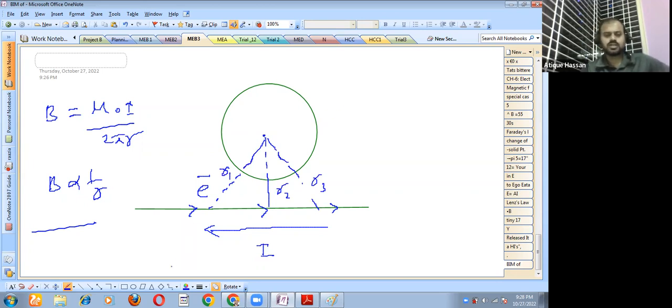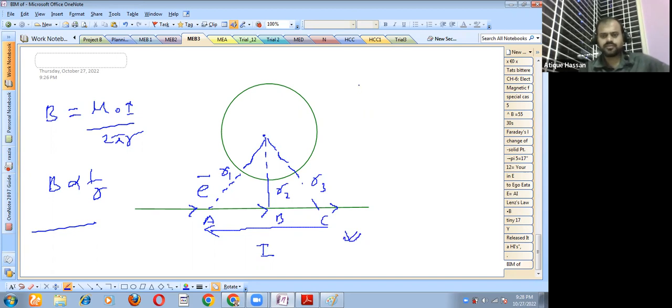So suppose we take 3 points A, B and C. What will happen when the electron is at B? We will treat the movement of the electron as a current carrying wire.